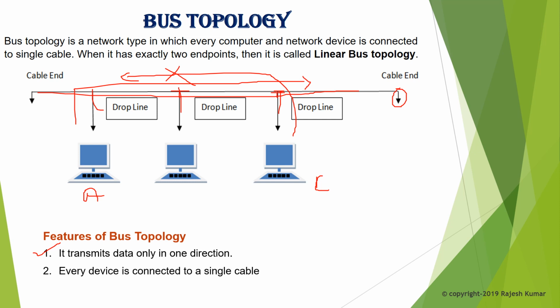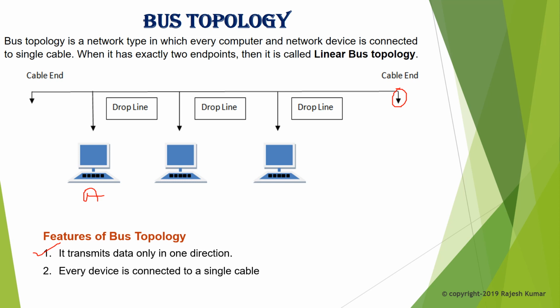It is also important to know that all the data sent using the bus topology can only be sent one by one. In other words, one computer can send data at a time. If the second computer has to send data, it has to wait for the first computer to finish, and once the first computer is done sending all its data, only then will the second computer get a chance to transfer data.